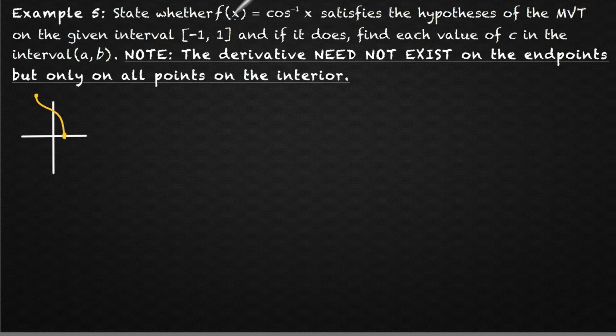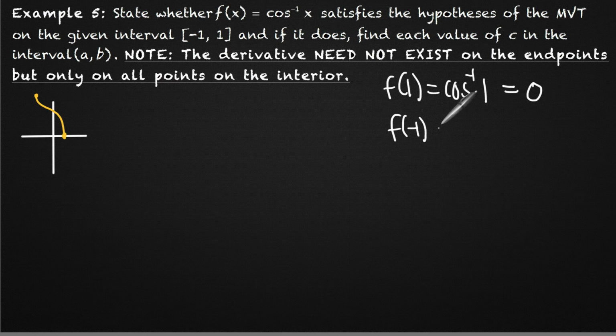All right, so let's first plug in our endpoints. So f of 1 is going to be the inverse cosine of 1. So what angle on the unit circle has an x value of 1? Well, that's going to be 0 radians. And then f of -1 is going to be the inverse cosine of -1.